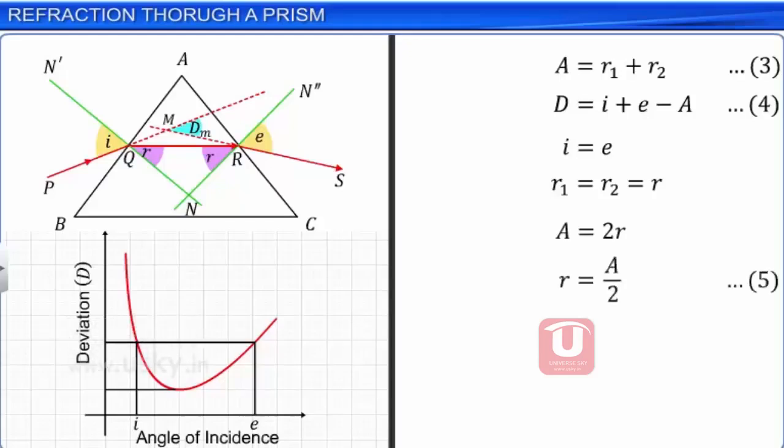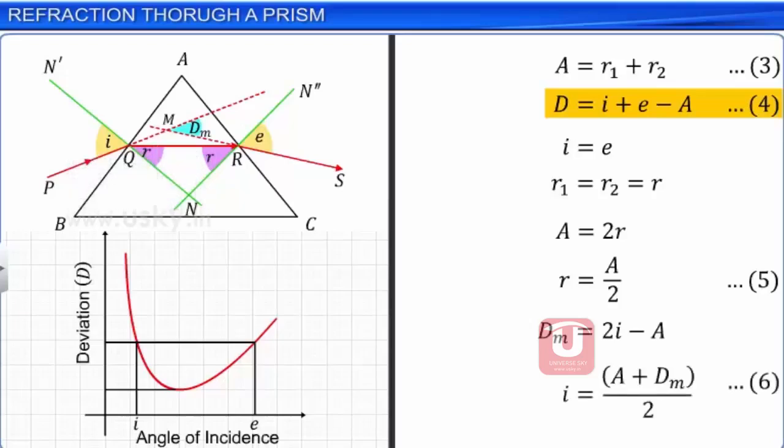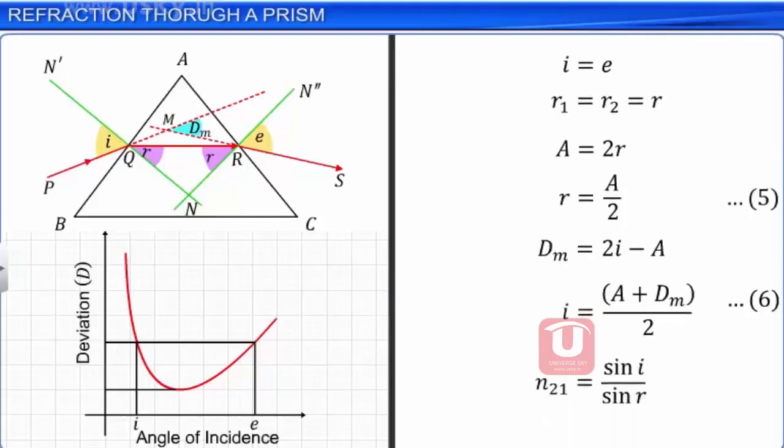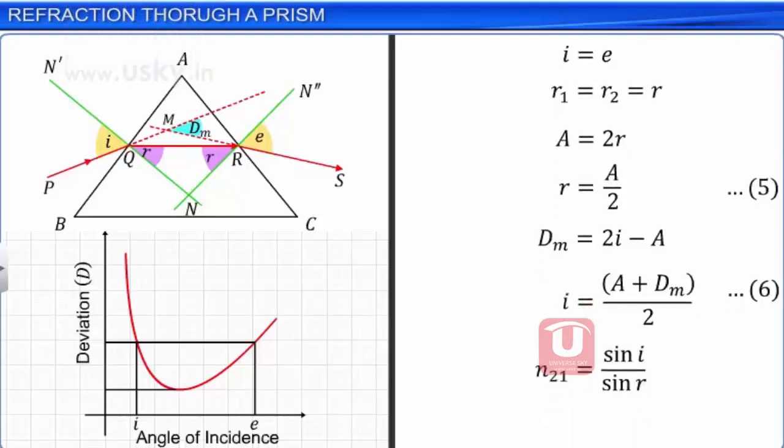But the refractive index of the material of the prism, n21, is equal to sin I by sin R. On substituting the values of I and R from equations 5 and 6, we get n21 is equal to sin((A plus dm) by 2) by sin(A by 2). Let this be equation 7.